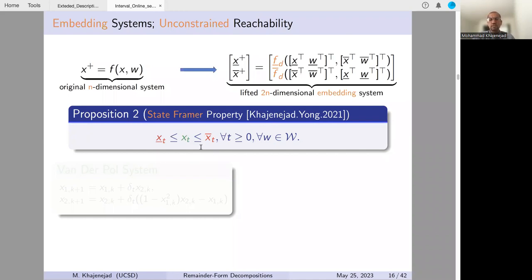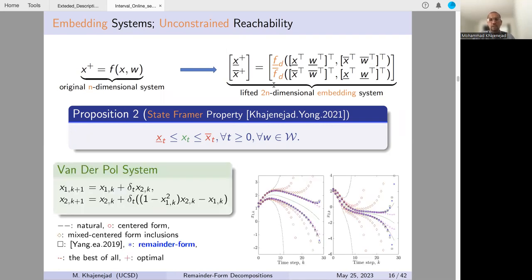And this can be directly applied for unconstrained reachability. So given any n-dimensional system, we can compute this 2n-dimensional embedding system and directly find its states, which directly give us framers for the original system.